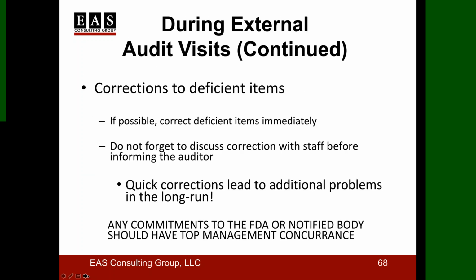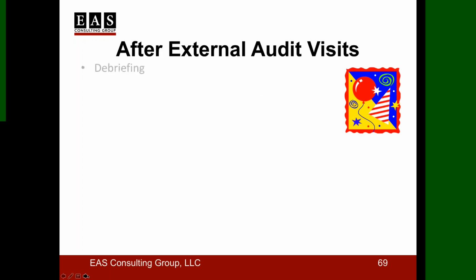One of the things you want to do is, if the FDA or the notified body does state, well, here are some problems, correct those and supply those corrections to them. Again, don't just do this willy-nilly. Make sure management gives the okay for those corrections.